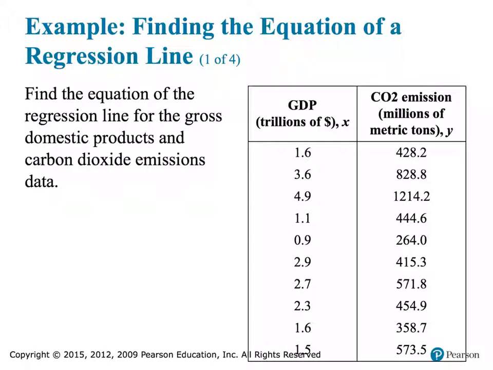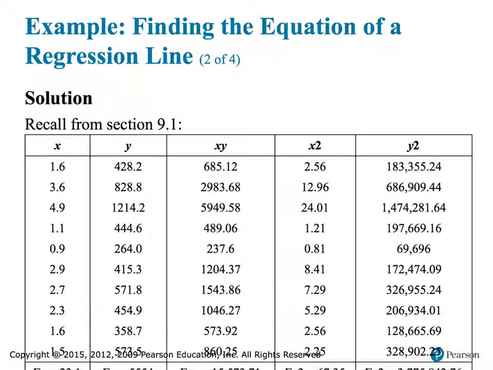Okay? All right, so we're going to revisit our GDP and CO2 data. We want to find the equation for the regression line for the gross domestic products and carbon dioxide emissions data. So we can see from our formula that we need a lot of different sums similar to the sums that we needed for correlation. We need the sum of the x's, we need the sum of the y's, we need to take every x and multiply it by its corresponding y to get these values here, and then get the sum of those.